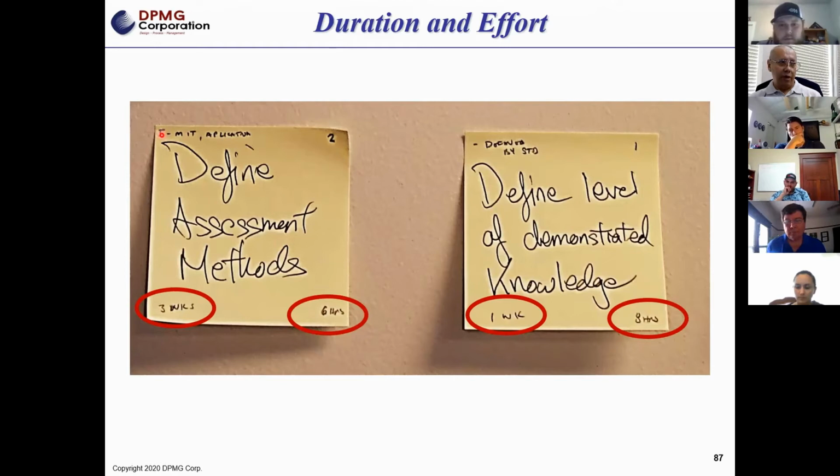They had very little availability, because these resources were shared between 43 facilities across the country. So their availability was very limited, and basically I gave them 3 weeks to do 6 hours' worth of work. Over here, same thing, 1 resource, 8 hours, 1 week to complete the work.